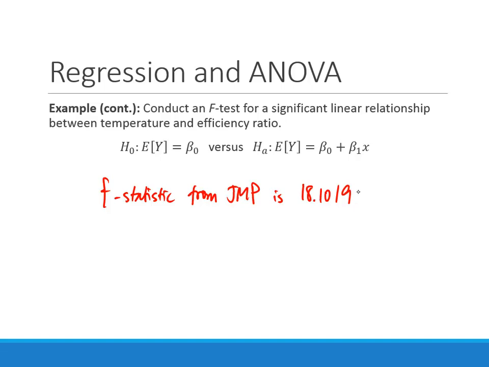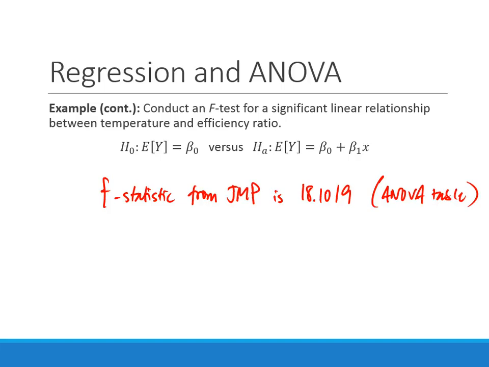That's from the ANOVA table, the analysis of variance section there, right in the middle. It's the same table that lists the sum of squares, and then over on the far right side, it lists the F ratio. That is your F statistic here for this test.